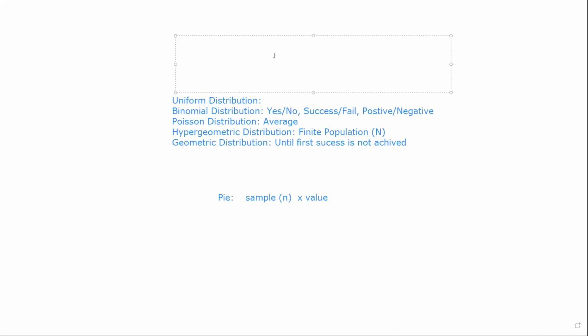Out of 28 students, there are 10 female students in the class.